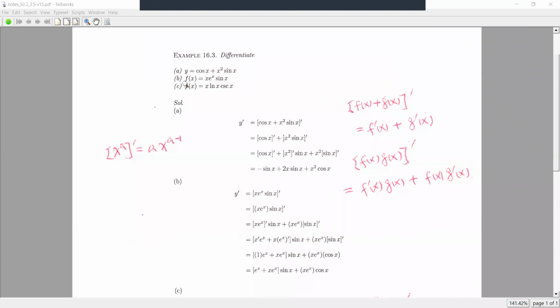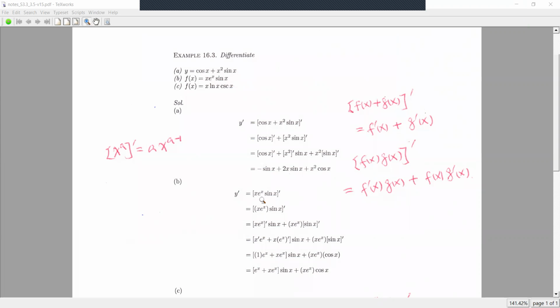Part B. The function in part B is a product of three functions. Function x times function e to the x times function sine of x. To compute the derivative of this function, we need to apply product rule twice.